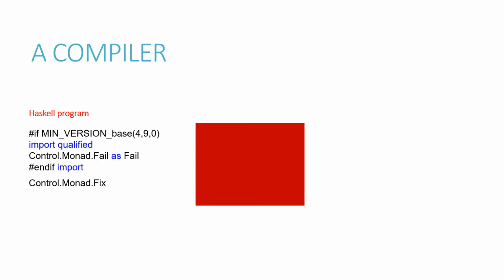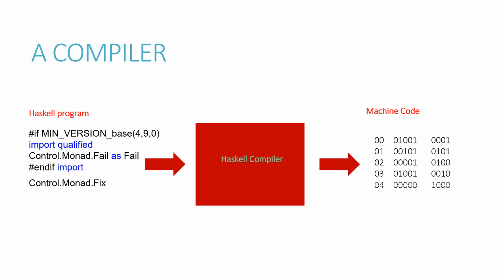A compiler, and in this example I've got a little scrap of Haskell there. A compiler takes a complete program and produces a file in the computer's memory of machine code that matches the program that you've just written. So before you run the compiler, you've got one program.